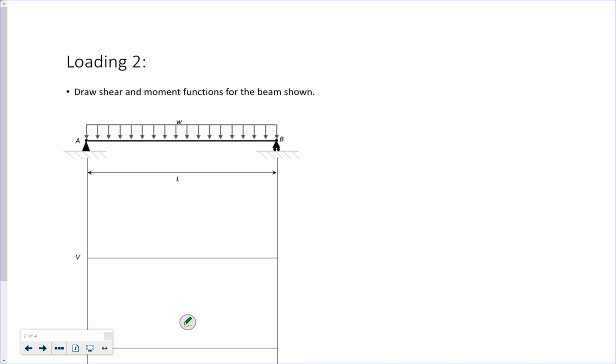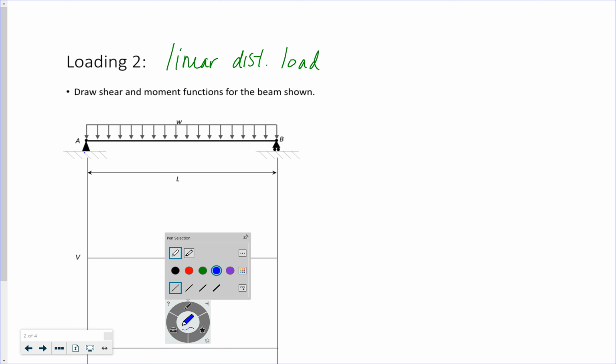Let's look at a second loading. Now we have a linear distributed load, W. It's constant along the entire length. My support reactions, right?